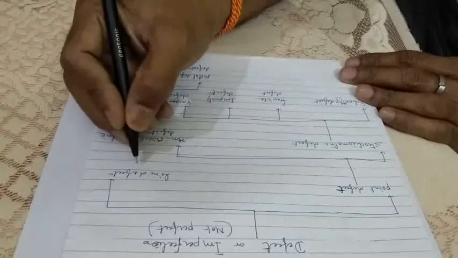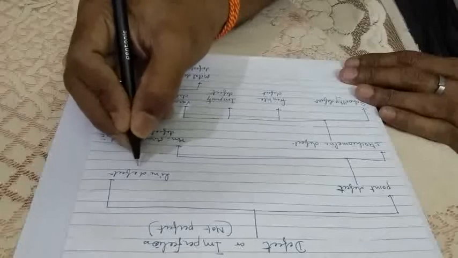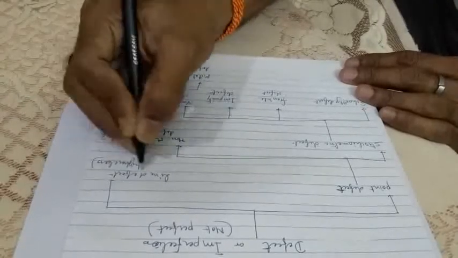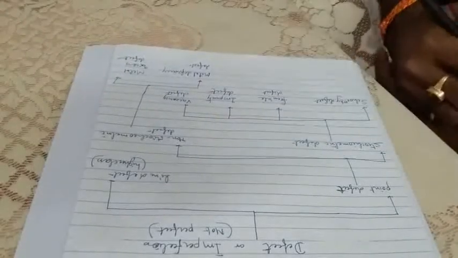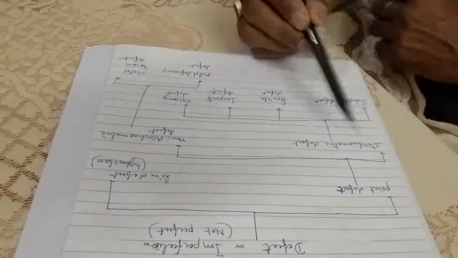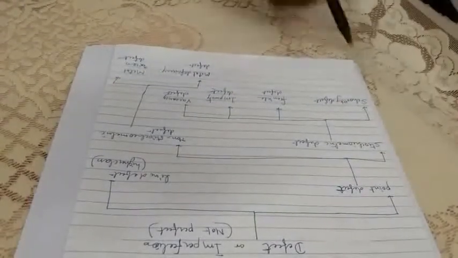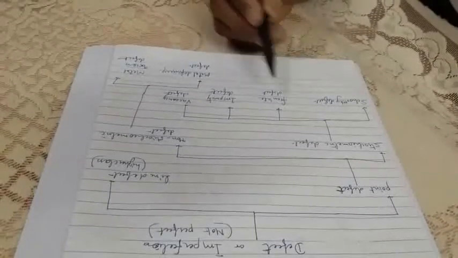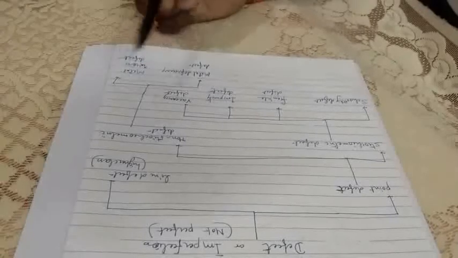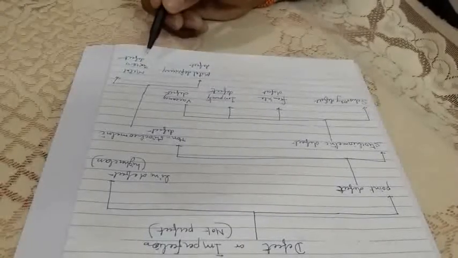This is also studied in higher classes, so here we will discuss only point defect. Point defect is again classified into stoichiometric and non-stoichiometric defect. Stoichiometric defect is classified into Schottky defect, Frankel defect, impurity defect, vacancy defect, and non-stoichiometric defect into metal deficiency defect and metal excess defect.